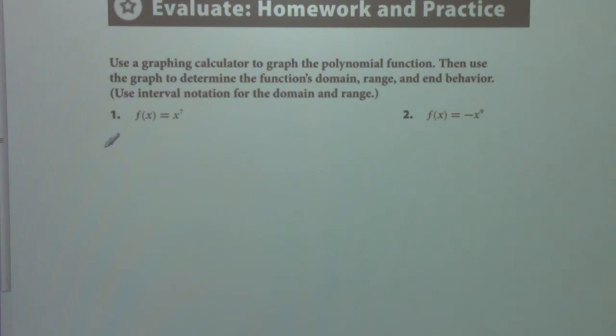What's our domain? Okay, domain is going to be all real numbers. It's the same thing for every polynomial function. Okay, that's our domain. What's our range going to be? All real numbers, same thing, okay.